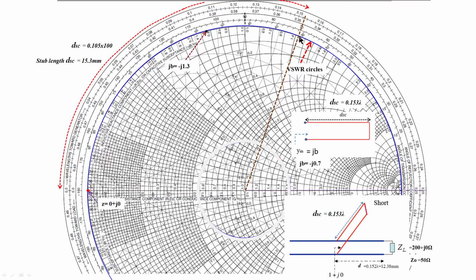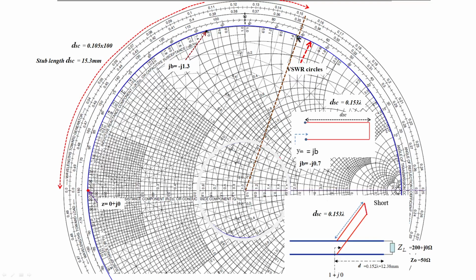Here 0.6, here 0.8, and this is 0.7. You stop here. Starting from here, go on moving like this and stop wherever our 0.7 susceptance is there, and find out the distance from here to here.